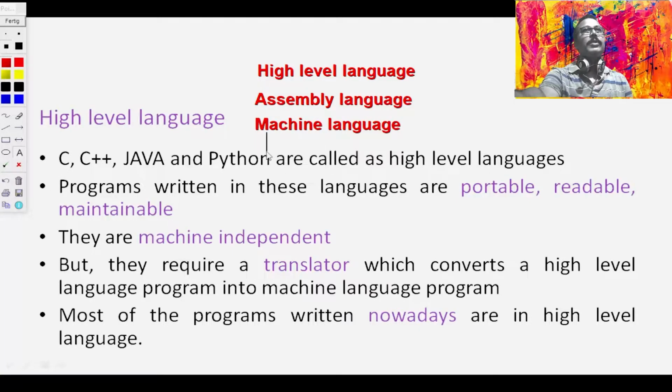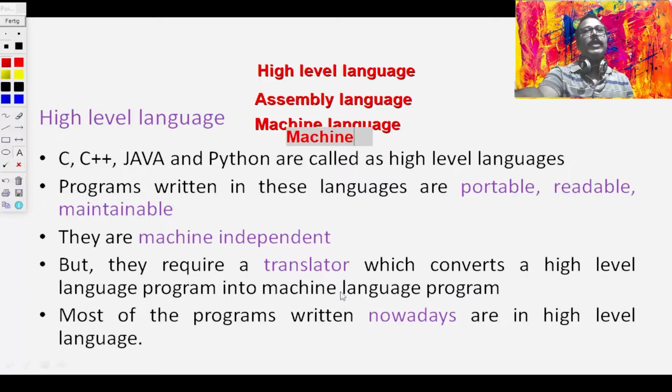Machine is considered to be at a lower level. Machine understands machine language, and then assembly language, high level language. So it is high when compared to the machine. That's why they are called high level programming languages, in the sense that they are not dependent on the machine.